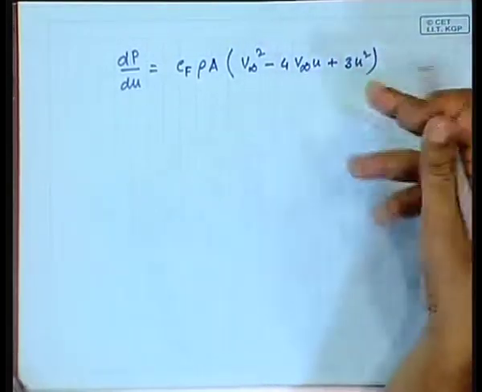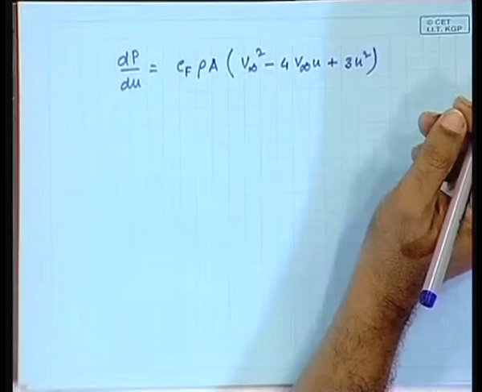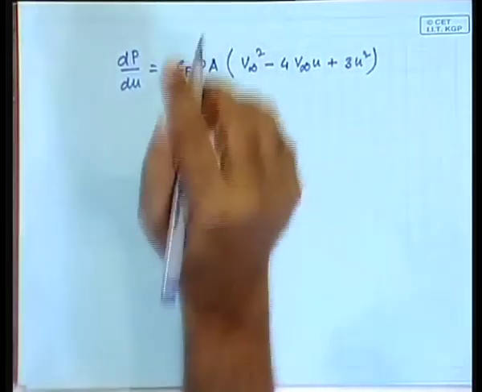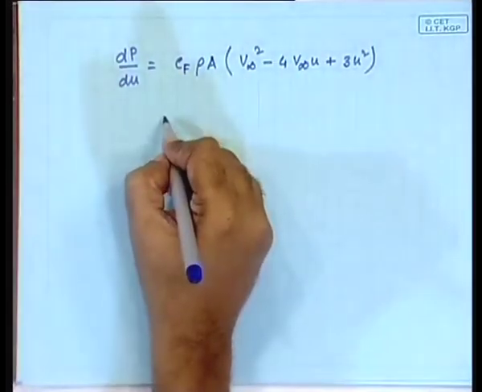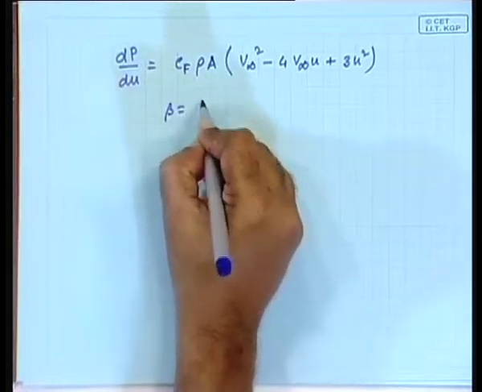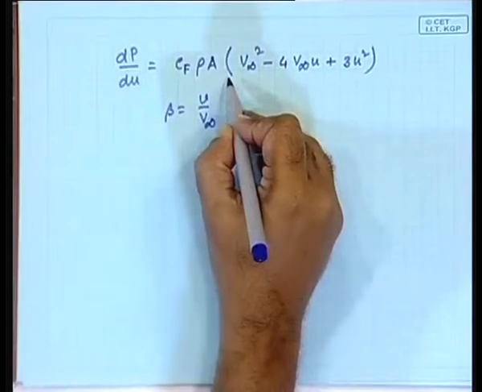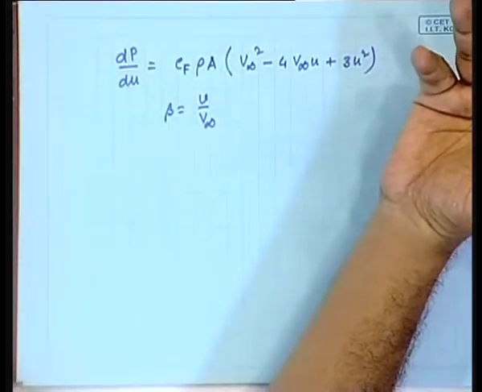In order to do this calculation easily, you just define beta as u by V infinity, so that you express this in terms of beta and beta's maximum value that you obtain.